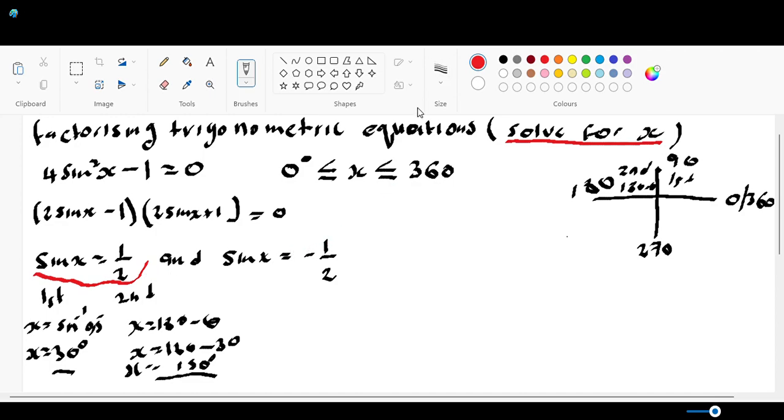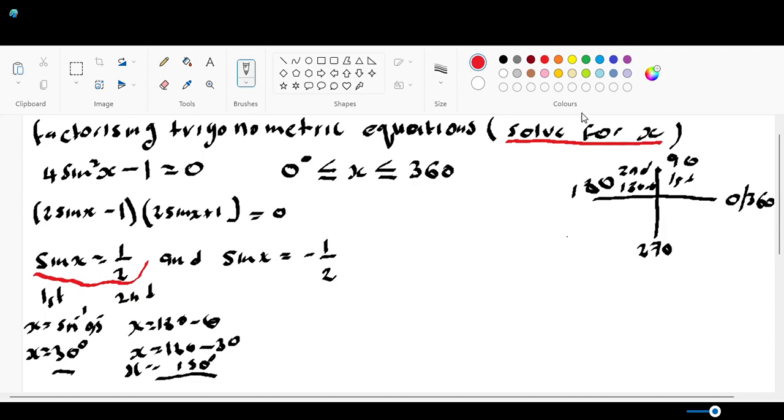Now what is our answer when sine x is negative half? So we already know that half gives us 30 degrees. So now where is sine negative? Remember guys, sine is negative on the third quadrant.